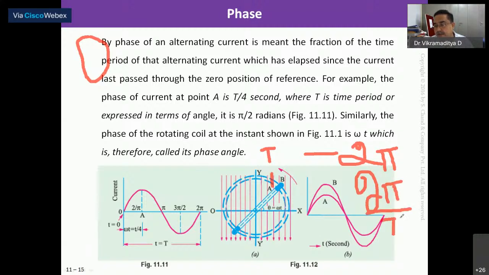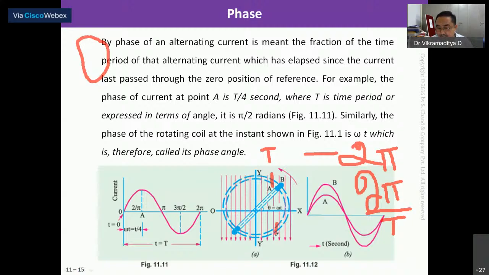This 2 pi is an angle. If I ask, when one cycle is complete, how much angle is traversed by the quantity? You will definitely say 360 degrees, or in radians, 2 pi radians. Or in 1 second, 2 pi by T radians.